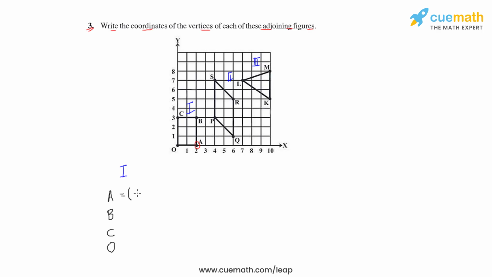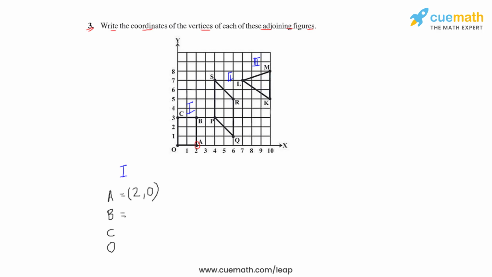And as we know that when we are writing the coordinates of any of the points, we'll write the value of the x-axis first. So the point 2 represents the position of A from the x-axis. And since it is exactly on the x-axis, the value of y would be 0.